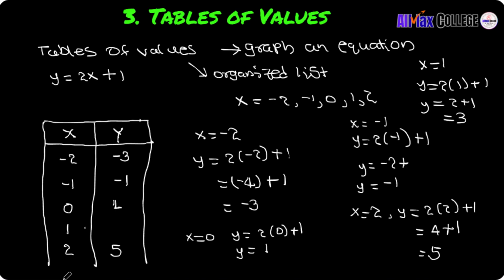So when x is 1, y is 3. 0, 1; 1, 3; 2, 5. I forgot to put this one here. 2 times minus 1 plus 1 is minus 1.